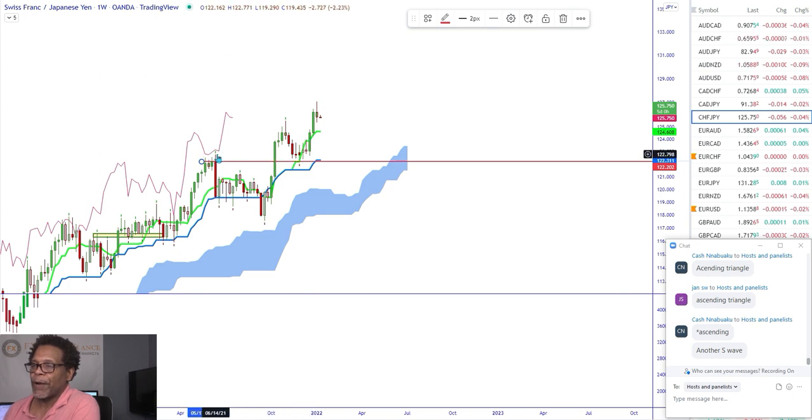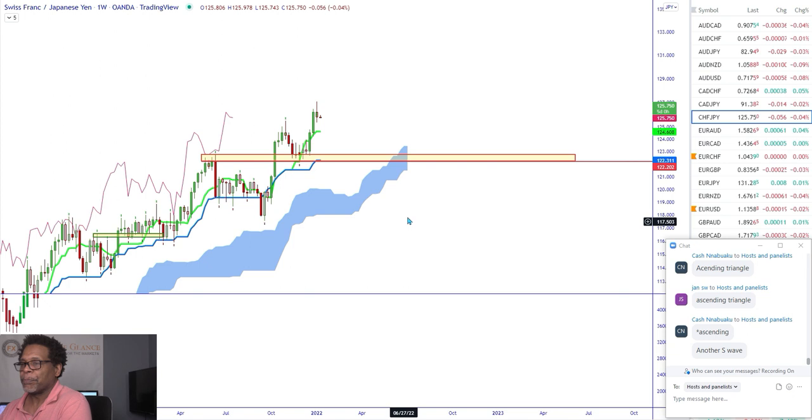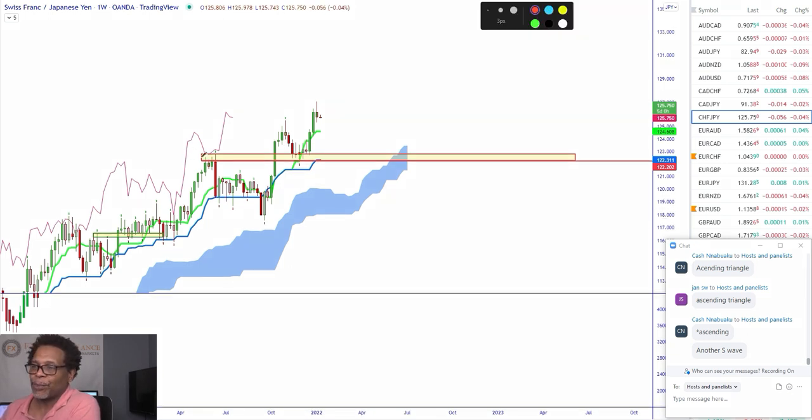So what we have here is your fractal level. So we always trade these fractal levels. The market doesn't always come back to these levels, guys, but it's a point to look for. So then you're looking for this. This session is really going to get going because we're seeing this, and then this, and then that was supposedly your S wave.